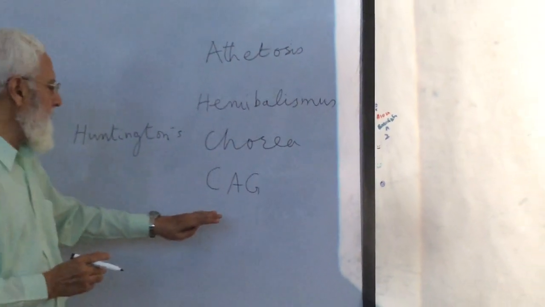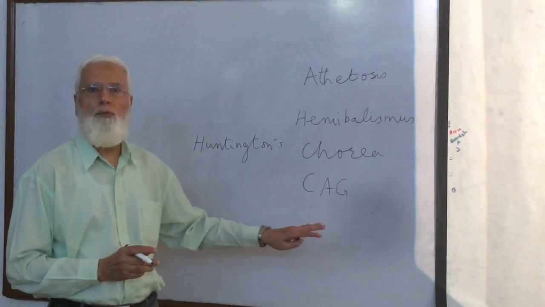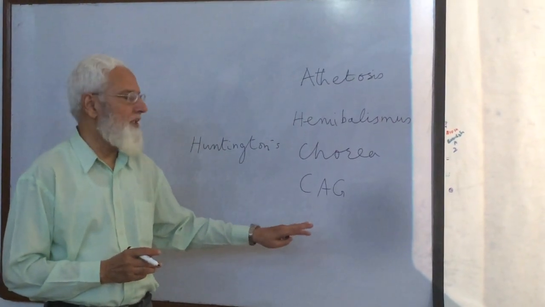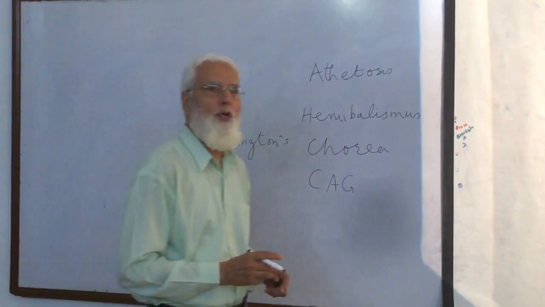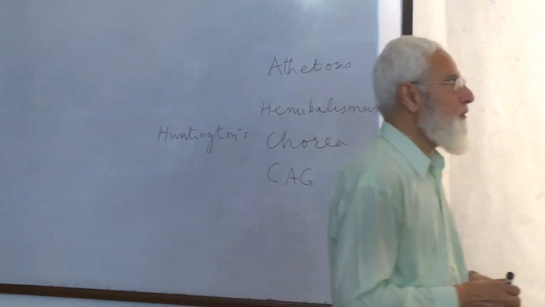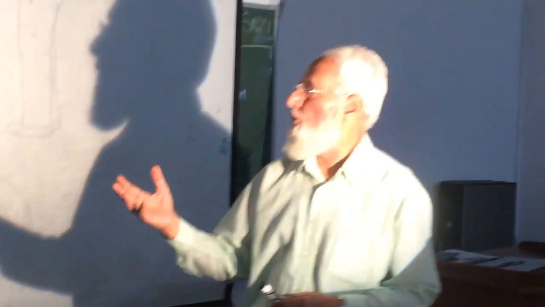This results in formation of a protein called Huntington's protein, which is deposited in the caudate and putamen.